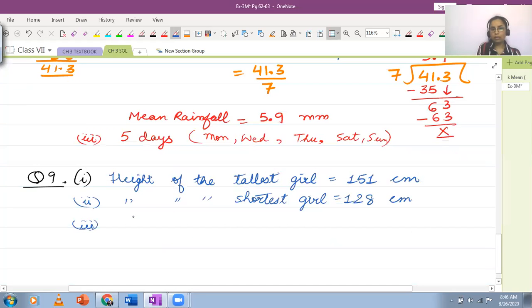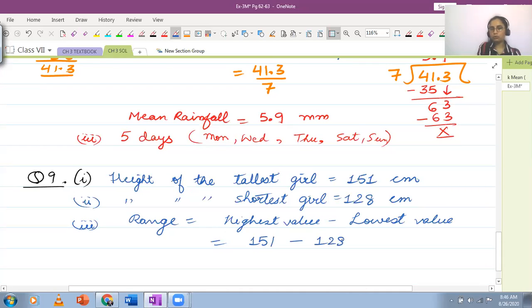And then I want to find out the range. Range is highest value minus lowest value, and we have already found those values. So this is 23 centimeters.